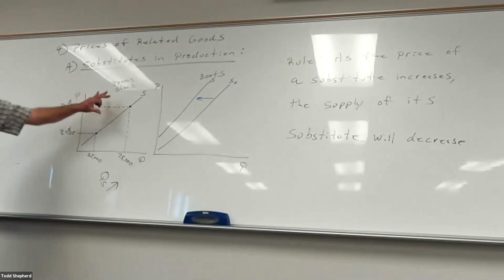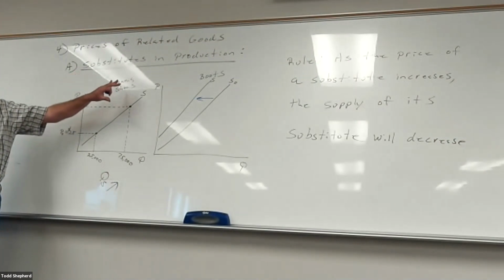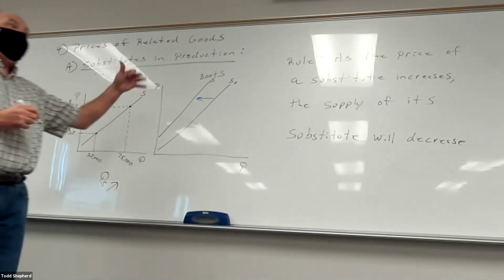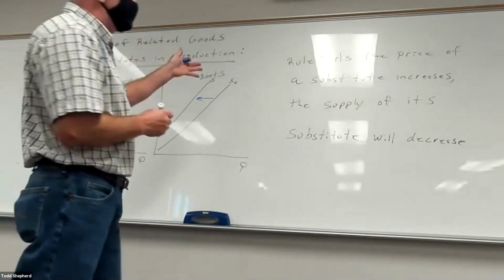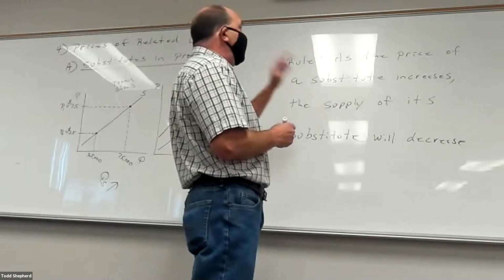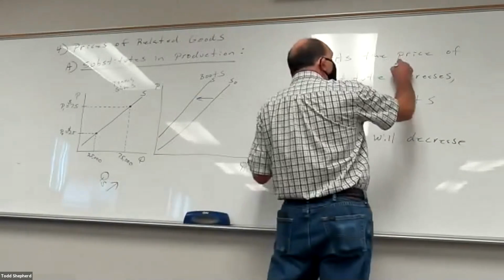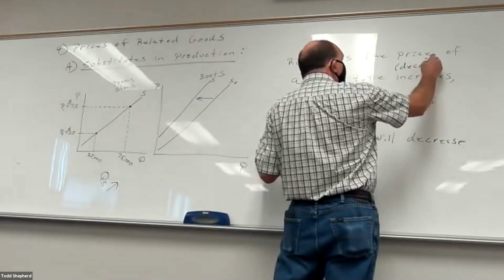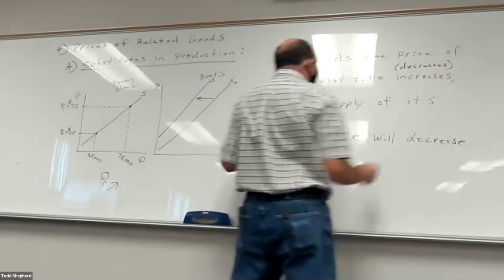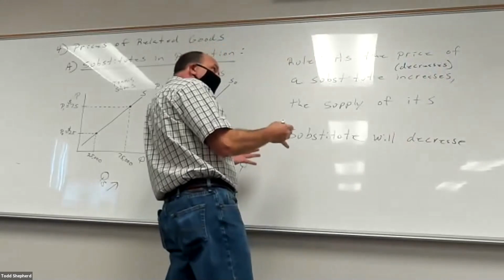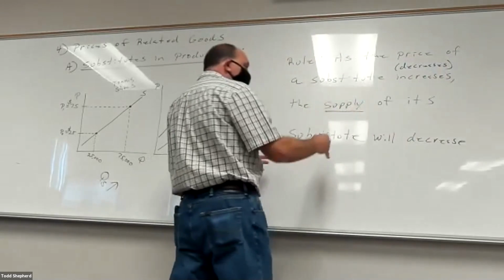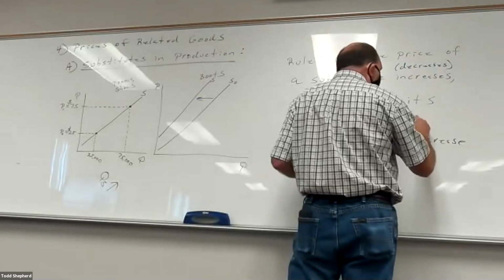Okay, does everybody see how the rule follows along from my graph? Is everybody okay with that? All right, and again, now the exact opposite of this is going to happen as well. So as the price of a substitute decreases, the supply of its substitute will increase.